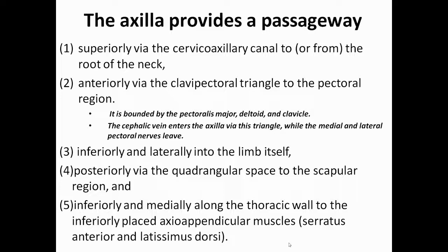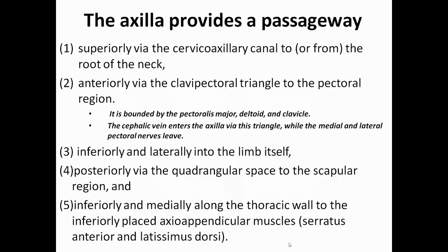The axilla provides a passageway superiorly via the cervicoaxillary canal to the root of the neck, and anteriorly it provides the clavipectoral triangle to the pectoral region.